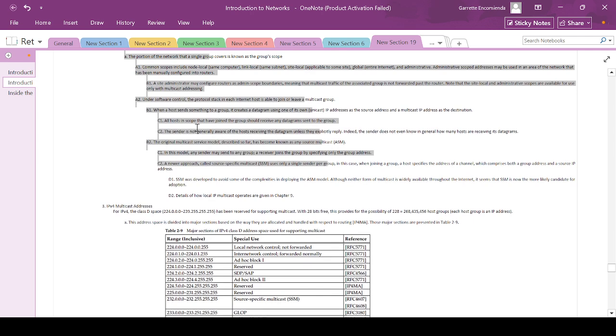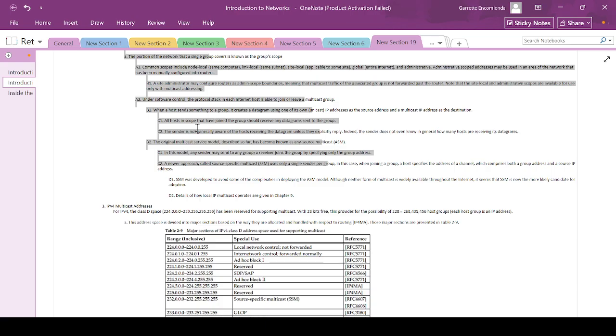Common scopes include node local, same computer; link local, same subnet; site local, applicable to some site; global, entire internet; and administrative.